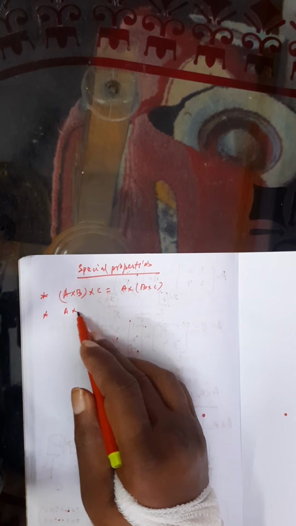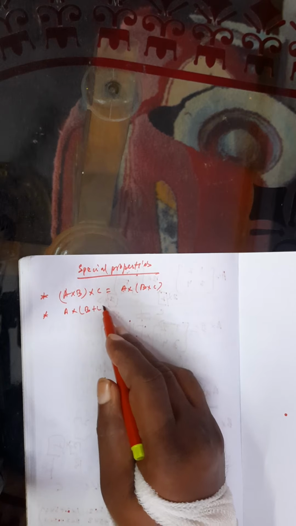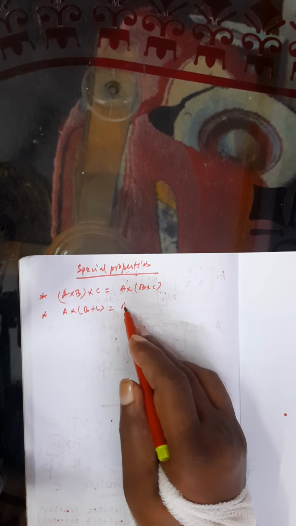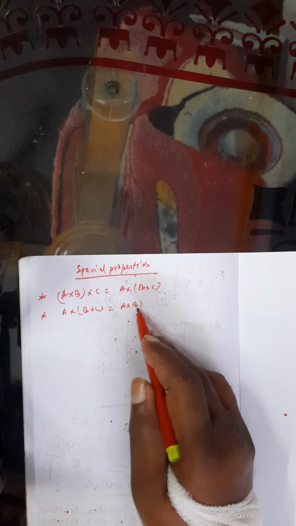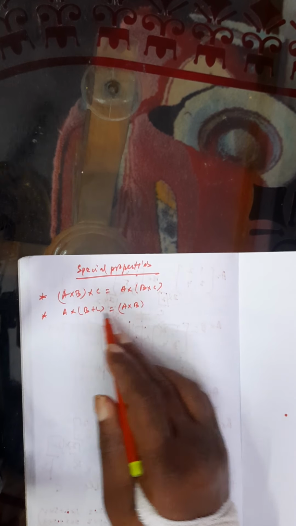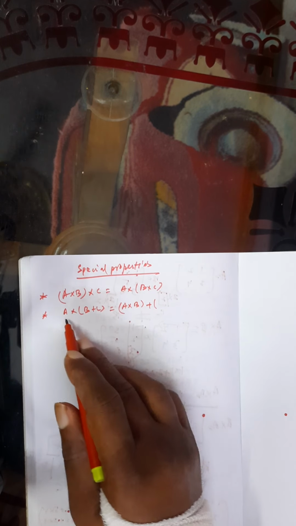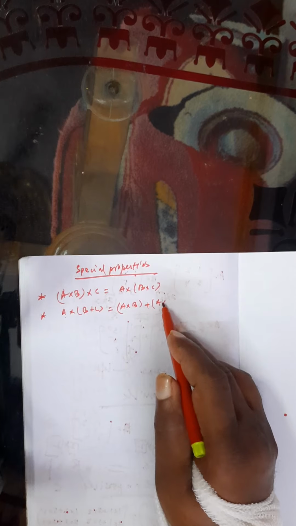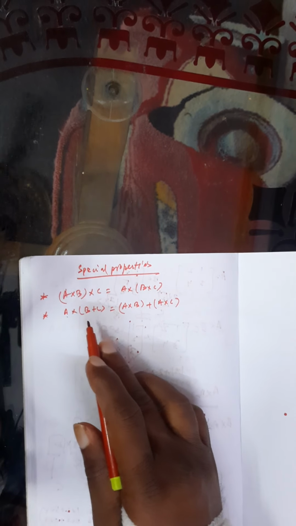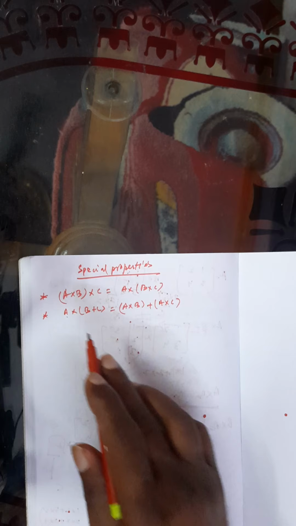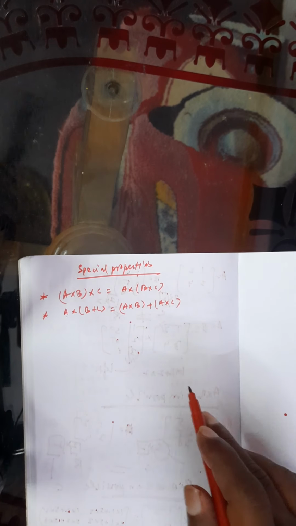A cross B plus C: we can multiply like this, take A into B plus A into C. If you multiply A with B and A with C and add, you also get the same as taking the sum first and multiplying with A. You will get the same answer.